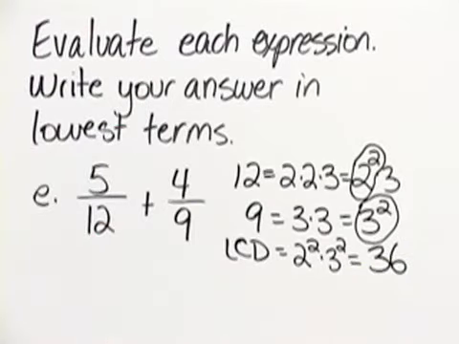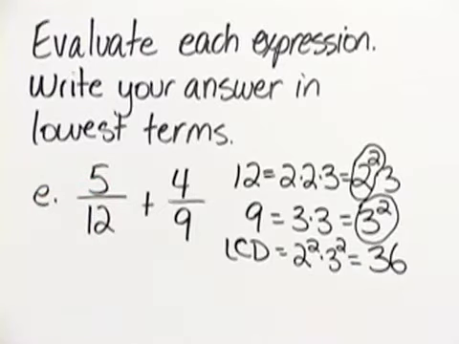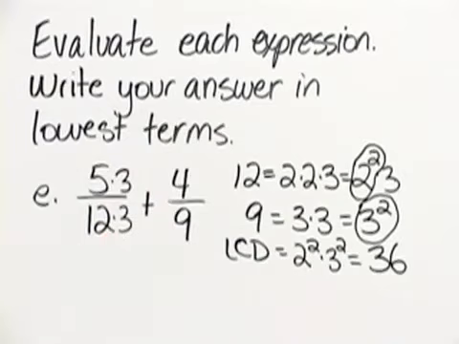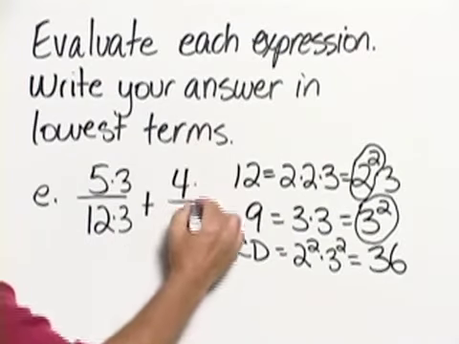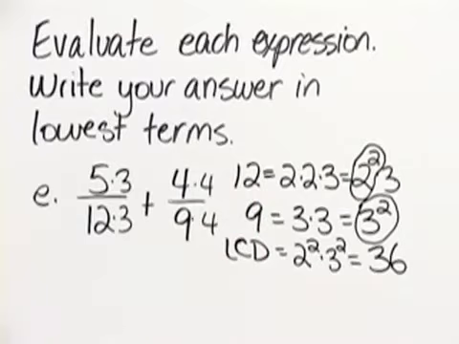Now what we need to do is multiply the numerator and denominator of this fraction by 3, creating a 36 in the denominator. For this fraction, we need to multiply the numerator and the denominator by 4, once again creating 36 in its denominator.